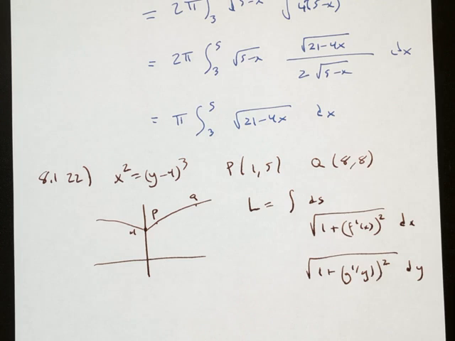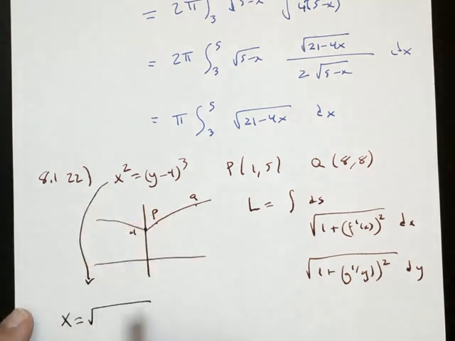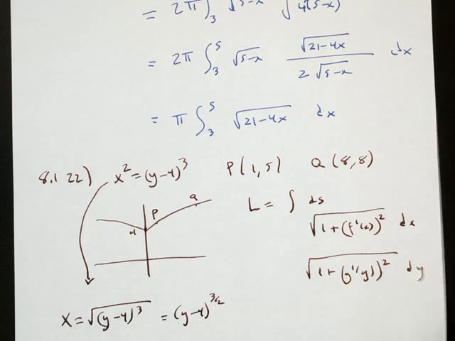All right, so if I take this expression, I can write it x is the square root of y minus 4 cubed, which is the same as y minus 4 to the 3 halves. Now that doesn't suck.